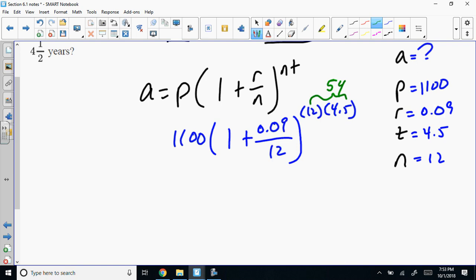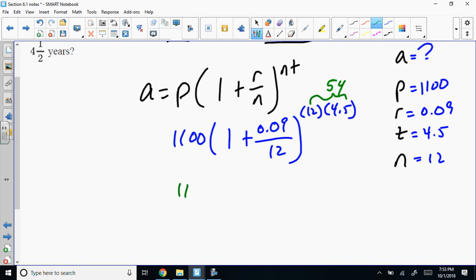On your calculator, 0.09 divided by 12. Enter. Okay? We always work parentheses first, right? So 0.09 divided by 12, enter. Plus 1, enter. Now we're going to take that and raise it to the 54th power. Enter.